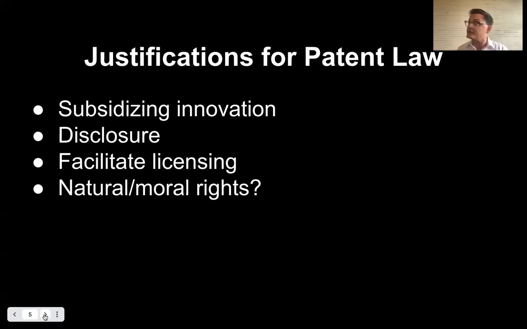And this is not a purely idle concern, right? You think of a technological device like a cell phone. It's well known that a cell phone can embody tens of thousands of different patents that are implicated by the technology in the cell phone.